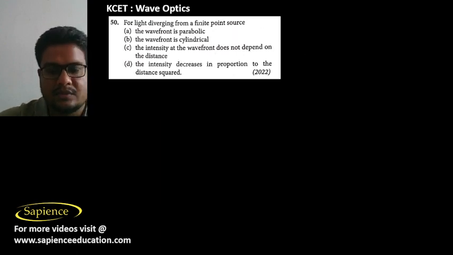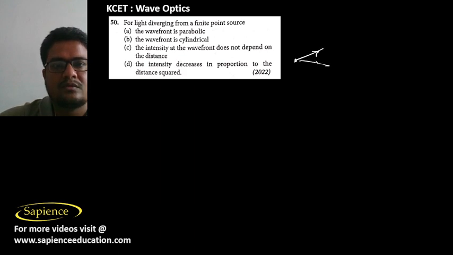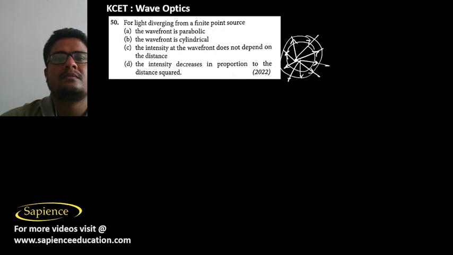Then in question number 50, it is told for light diverging from a finite point source, the wavefront is spherical. The intensity at the wavefront does not depend on the distance?